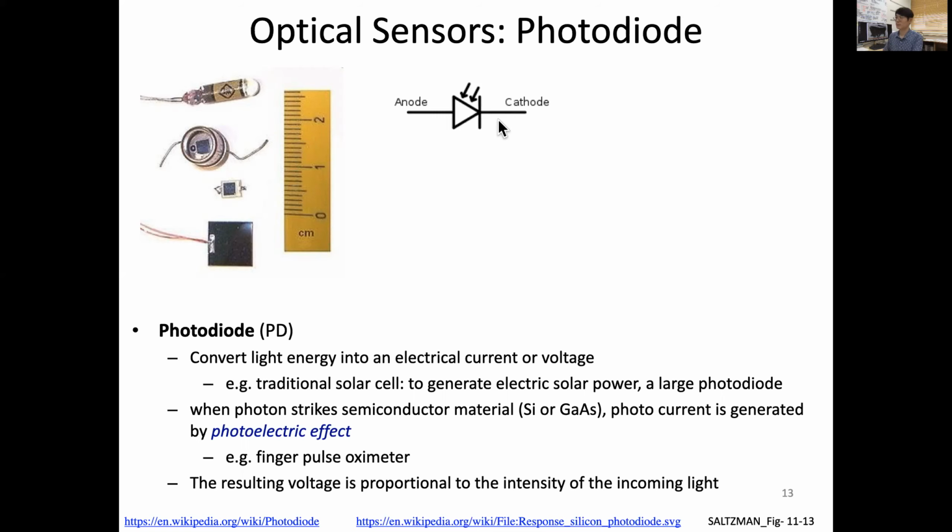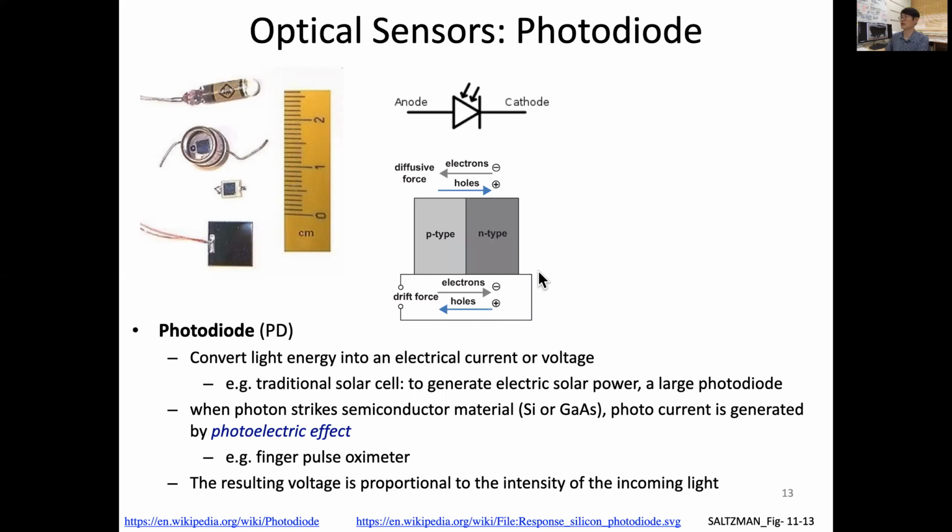A good example of this is the finger pulse oximeter, which I will discuss later. There we use LED and photodiode because it's very tiny. You can make it small. And the resulting voltage is proportional to the intensity of incoming light.